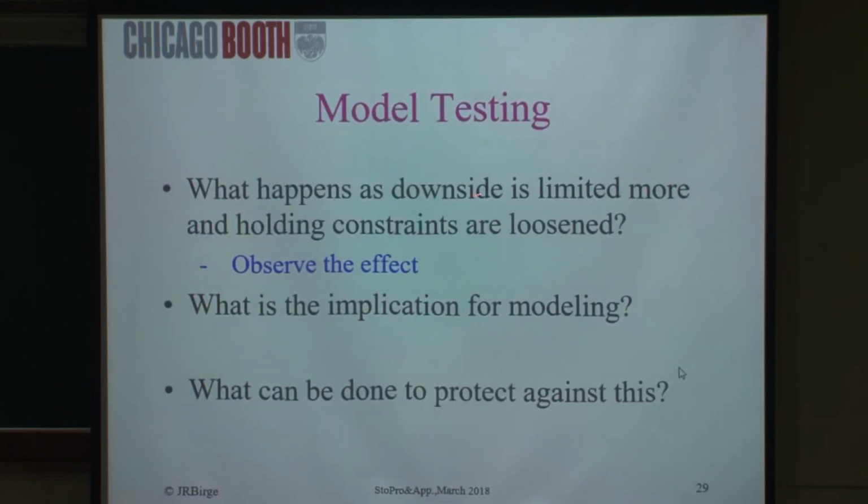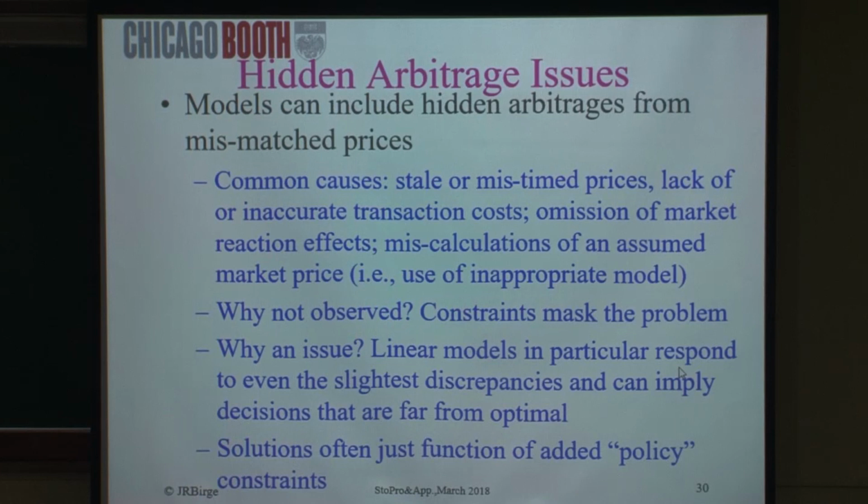As I increase that downside limit, I would just increase the overall investment. I wouldn't change anything else about this model. So it sort of suggests that I'm taking bigger and bigger risks, but the model's not telling me not to do anything. The problem is that this model has what I call a hidden arbitrage.